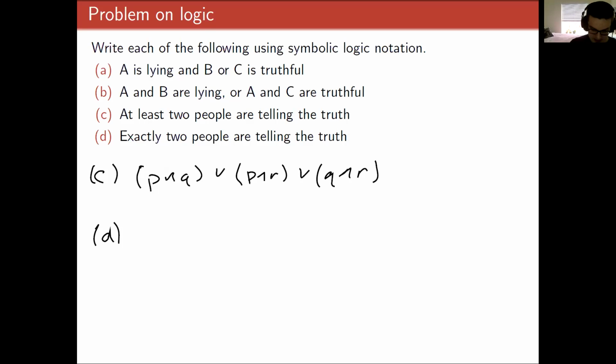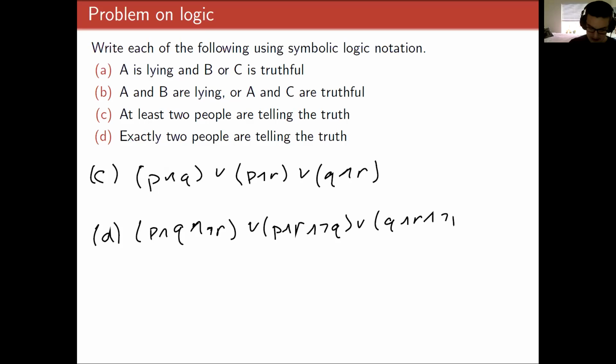And then for D, exactly two people telling the truth. One way to do that is basically to say that either A and B are telling the truth and C is lying, or A and C are telling the truth and B is lying, or B and C are telling the truth and A is lying.